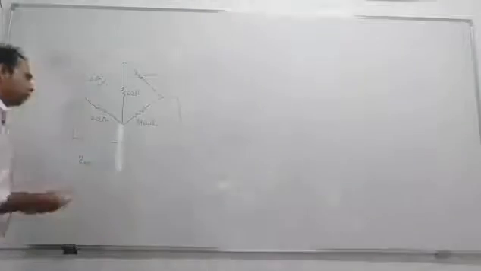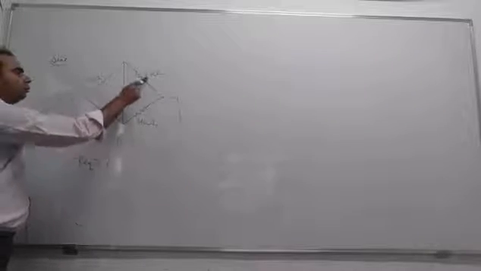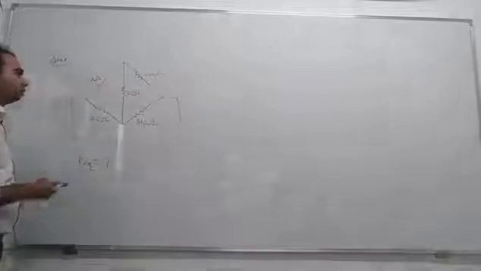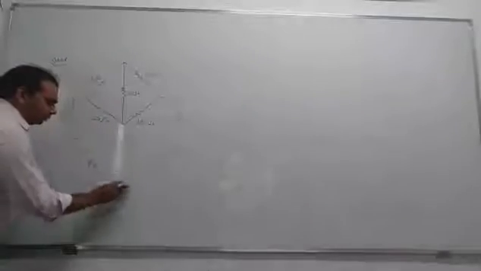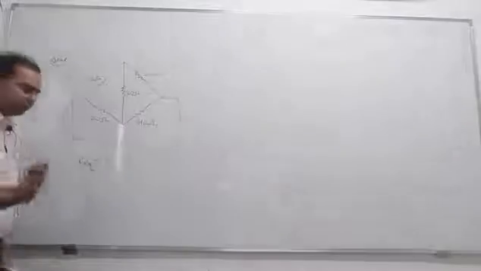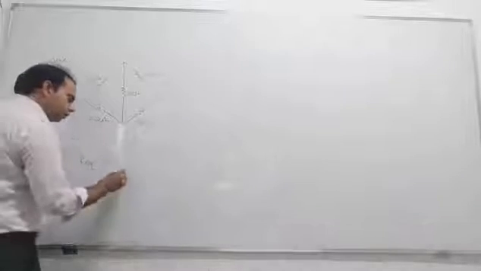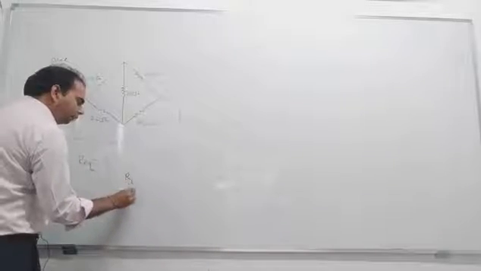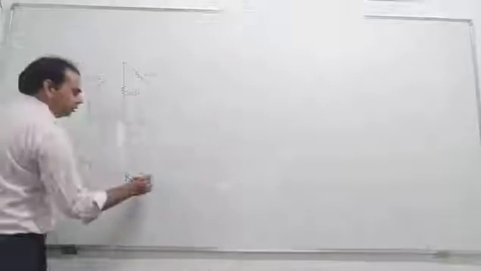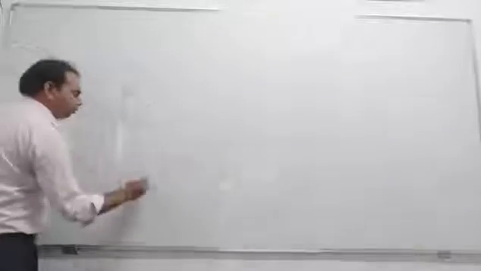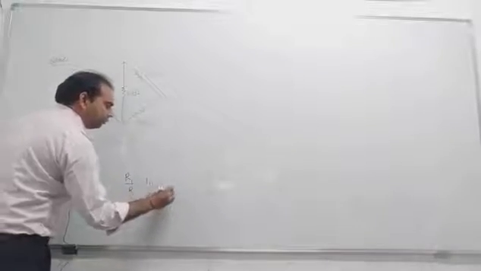So first of all, see the ratio. If this is R1, this is R2, this is R3, this is R4, then is this condition satisfied or not? Let us check. R1 upon R2 is 10 upon 20, this is 1 by 2.